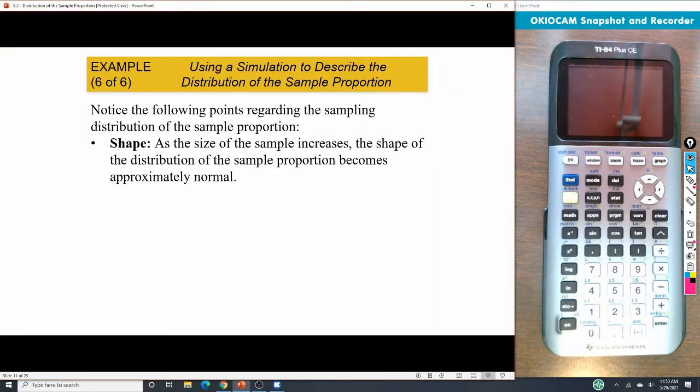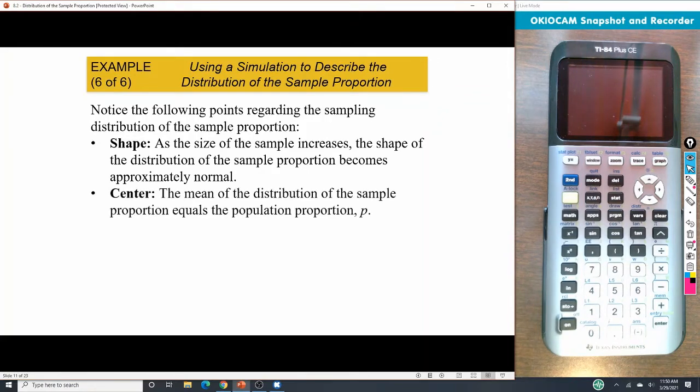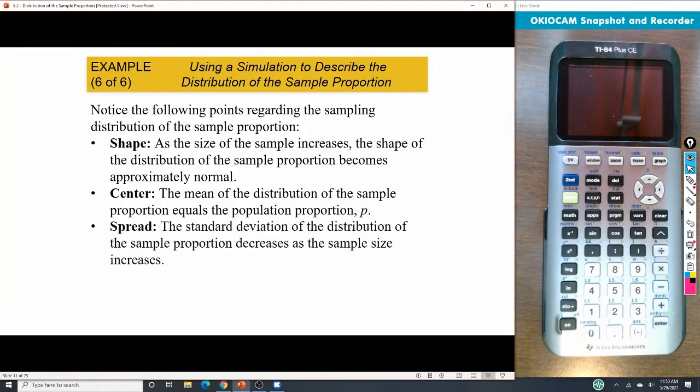We like that because then we can use any of our normal probability tools. For the center, the mean of the distribution of the sample proportions equals the population proportion. And finally, the spread: the standard deviation of the distribution decreases as the sample size increases.